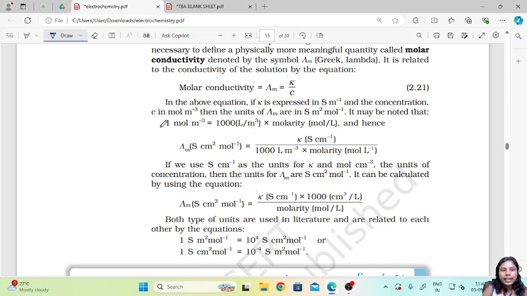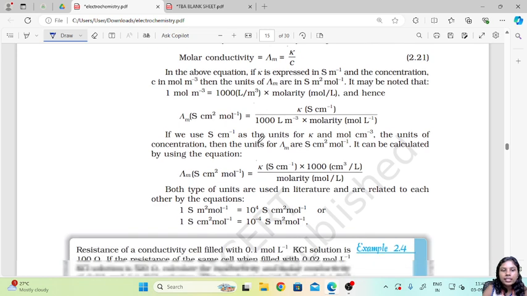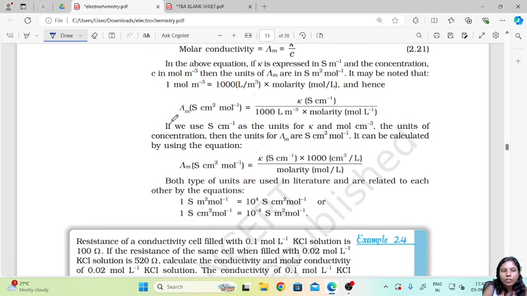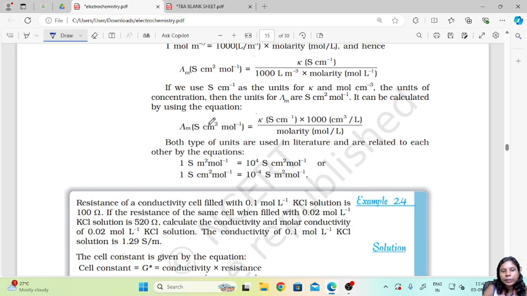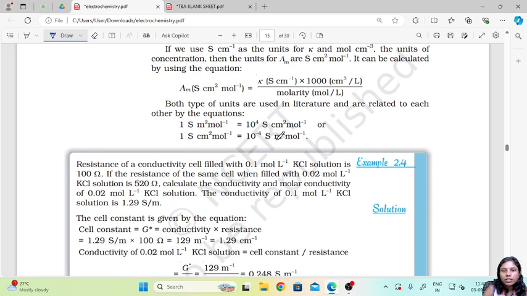Now it may be noted that 1 mole meter minus 3 equals 1000 liter per mole, so into molarity, mole per liter. Hence after substituting all of them, if we use Siemens centimeter inverse as the units for kappa and mole centimeter minus 3 as the units of concentration, then the units of lambda m are S centimeter square mole inverse. It can be calculated by the final equation kappa into 1000 upon the molarity of the solution.